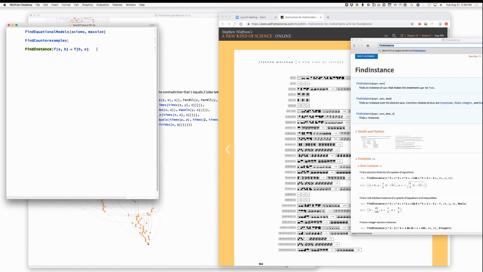Right. So this would be find instance of f. Well, here, what we really want is we quantify over these for all a, b. This thing here, find this such that axioms. That would be the form, right? That would find an instance of f, or multiple instances of f. So the representation of f here is as a pure function, presumably.